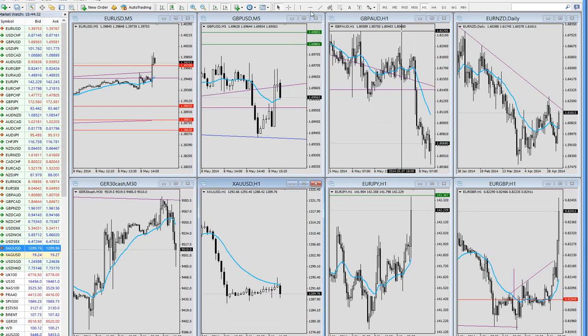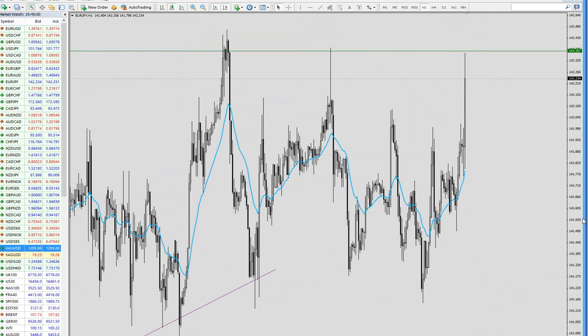I'm watching gold here. If it's going to be the flag or... Euro JPY touched the resistance and is making a pullback.